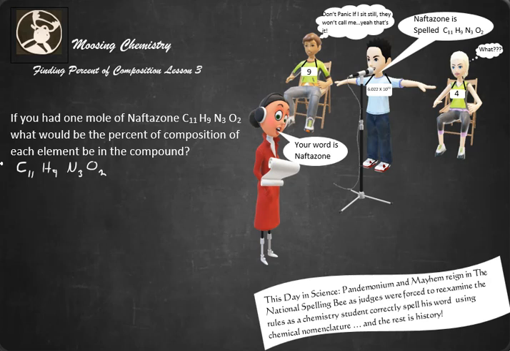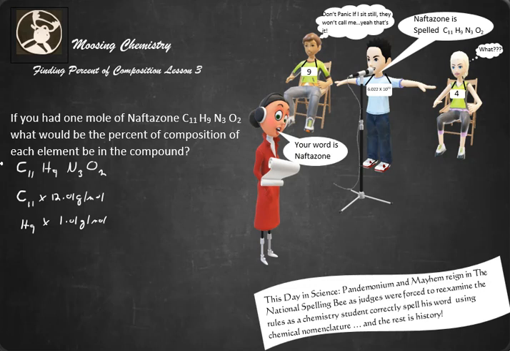Carbon is going to be 12.01. So you've got 11 carbon times 12.01 grams per mole. That was easy. Hydrogen, you've got 9 of those. If you look on the periodic table, hydrogen is 1.01 grams per mole.